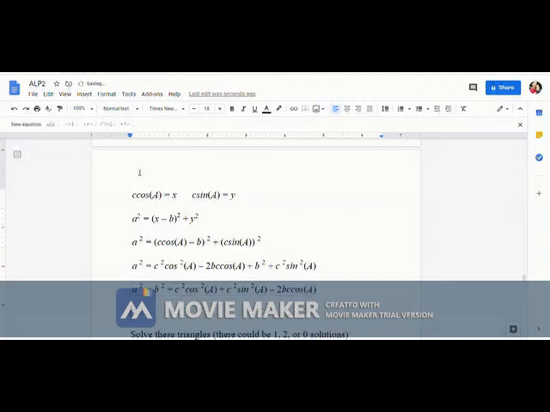Alright, now we see here that we have a common factor in this portion right here of c squared. So we're going to factor that out.